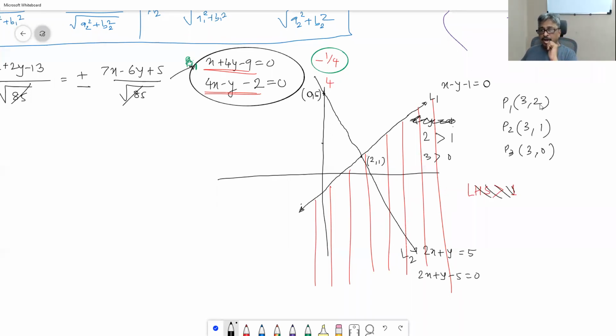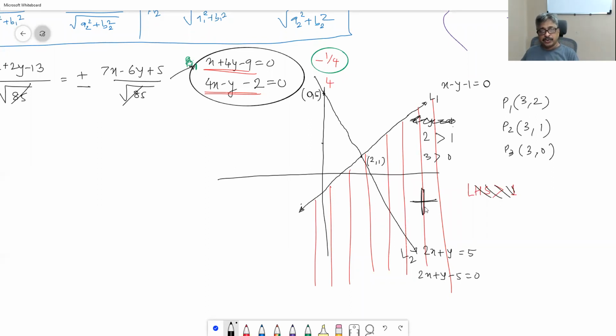Now for (3, 2), LHS will be 0, RHS will be 0. For (3, 1), LHS will be positive, RHS is 0. For (3, 0), LHS is positive, RHS is 0. So I can call the points in this red half plane, with respect to line L1, positive points.